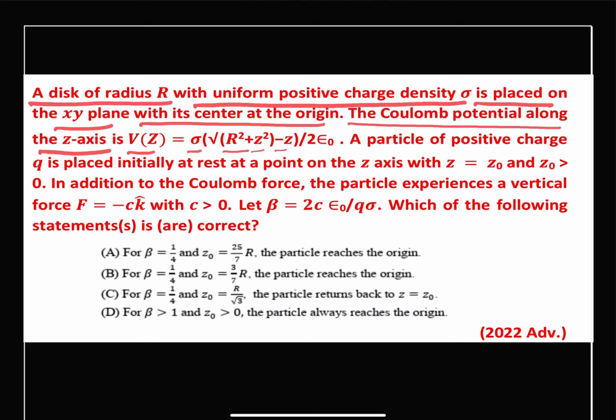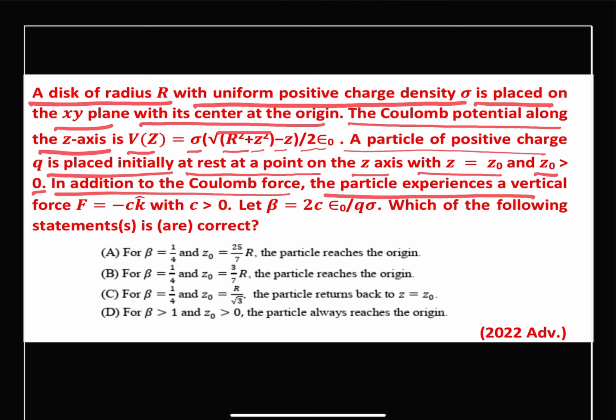A particle of positive charge q is initially placed at rest at a point on the z-axis with z equal to z naught, and z naught is greater than 0. So it means on the positive z-axis. In addition to the Coulomb force, the particle experiences a vertical force F, which is minus c k unit vector, with c greater than 0. Let beta be equal to 2 c epsilon naught divided by q sigma. Which of the following statements is correct?